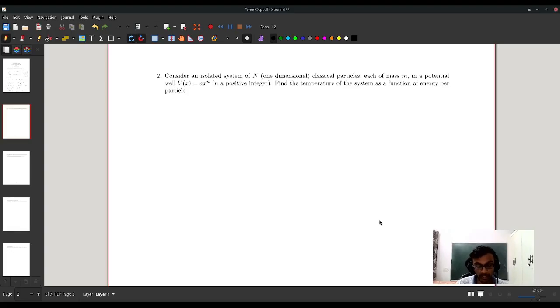So let's look at the second problem. We have a system of n one-dimensional particles. These are particles which move only in one direction, so it is a one spatial dimensional system, and it has n particles.